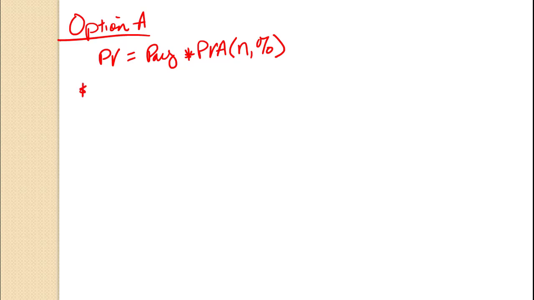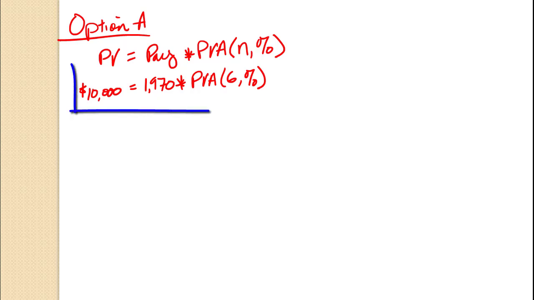Now I know the present value because they're asking for $10,000 today. I know the payments for this first option were $1,970, and I know my n is 6 because they're going to pay for 6 periods. What I don't know is the interest rate. That's what I'm looking for. What interest rate would this setup give to me? So I can figure this out.